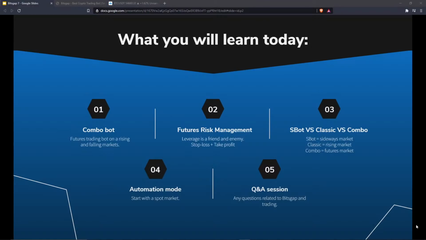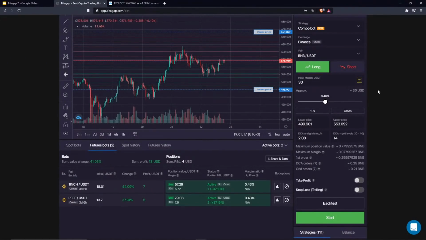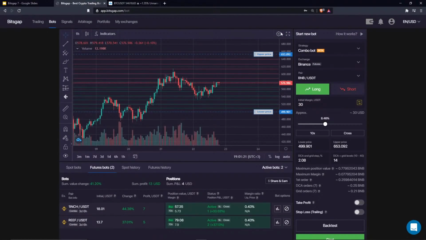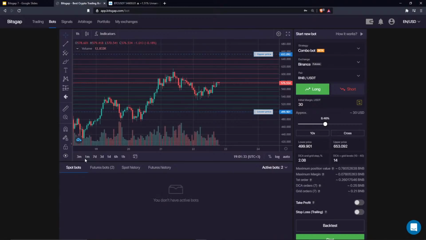And let's switch to the Bitsgap page straight away. So you know that now we have three bots basically. As you open the bot section, you will notice that you have now two separate sections. The one is the spot bots.